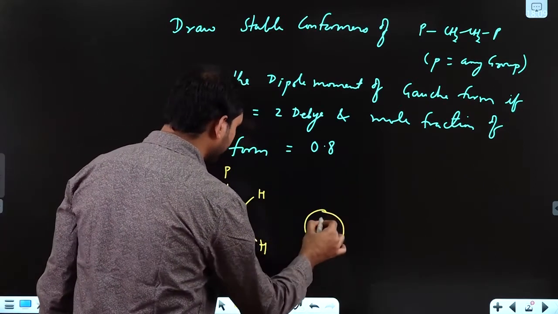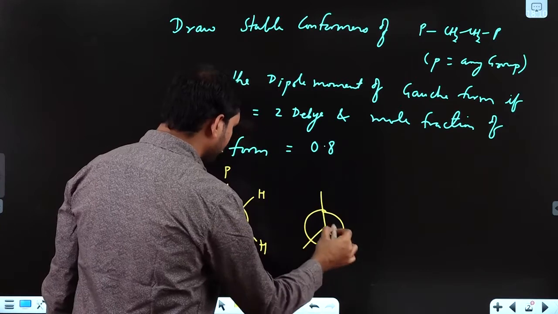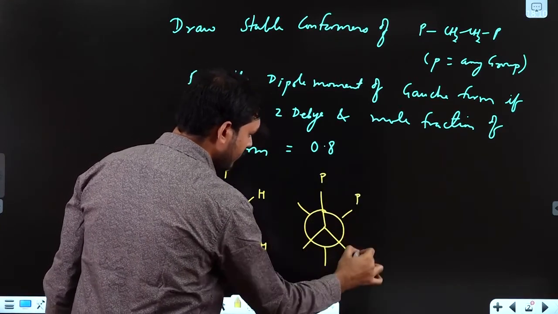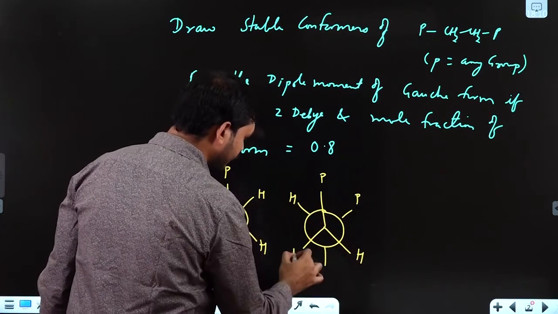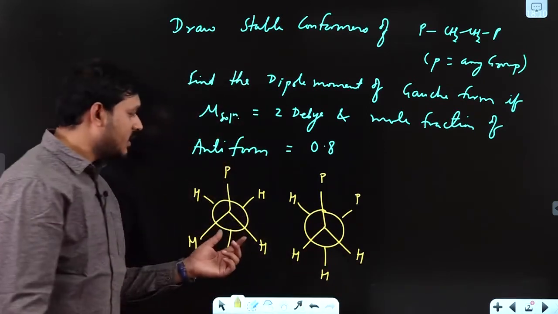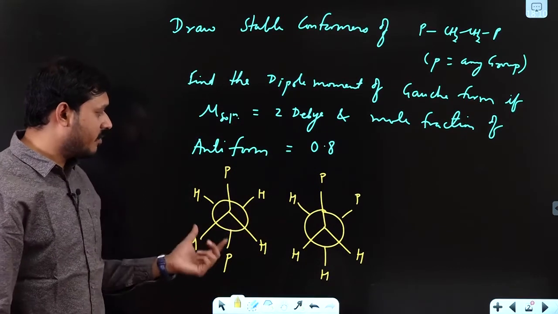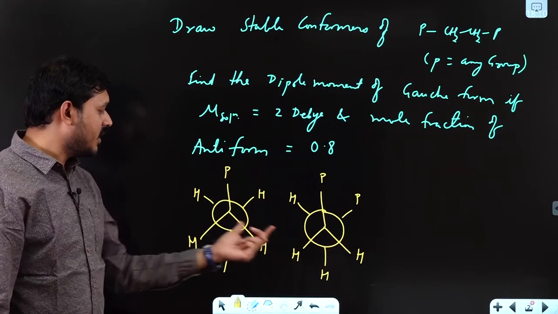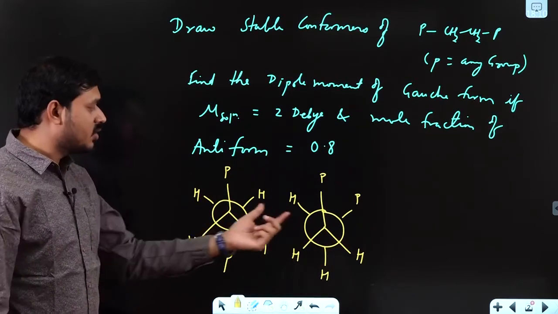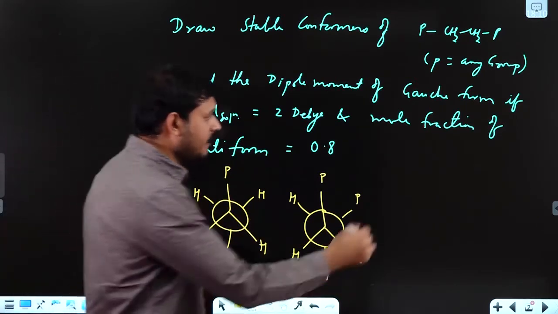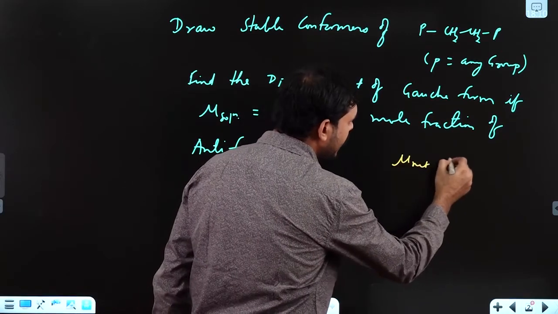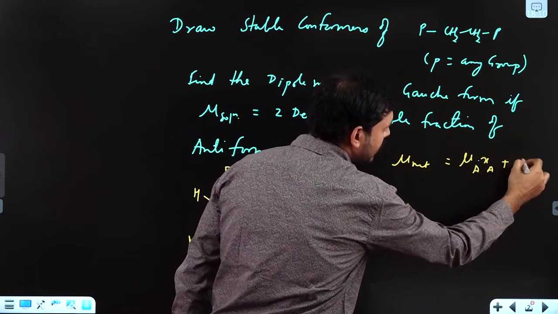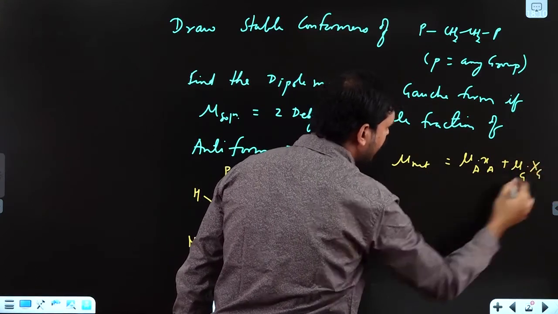Now next, these are the two possible cases of conformers which are stable forms. This is your partially staggered or gauche form, and this is your anti form or fully staggered. So among the two cases, you can say mu net equals mu anti times mole fraction anti plus mu gauche times mole fraction gauche, right?